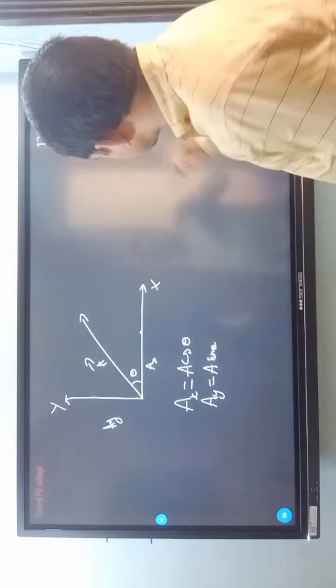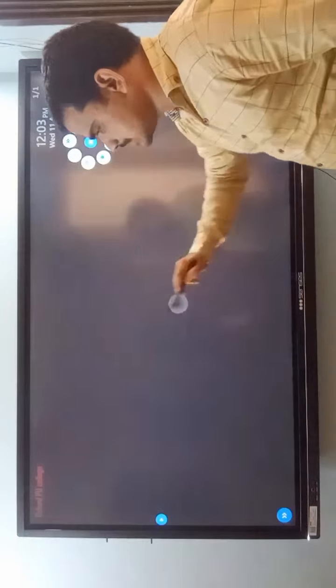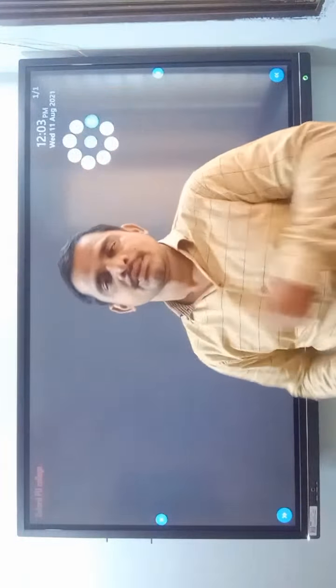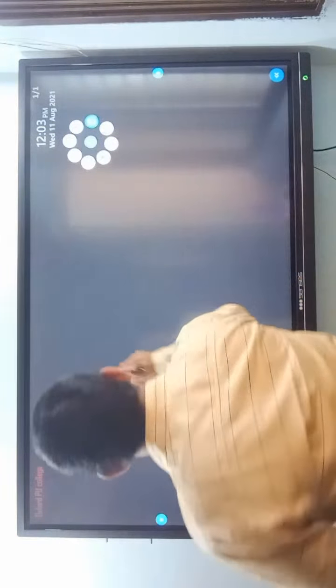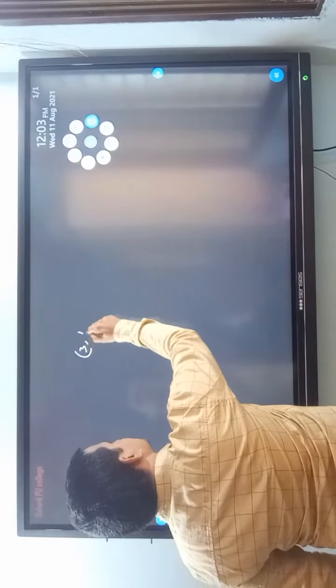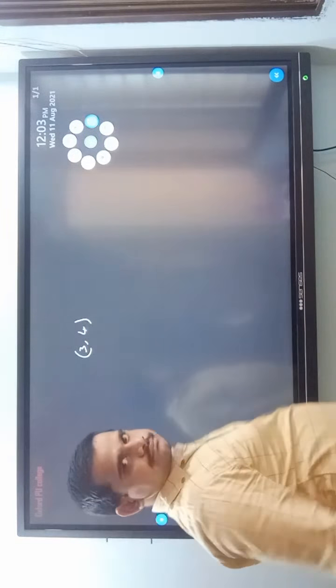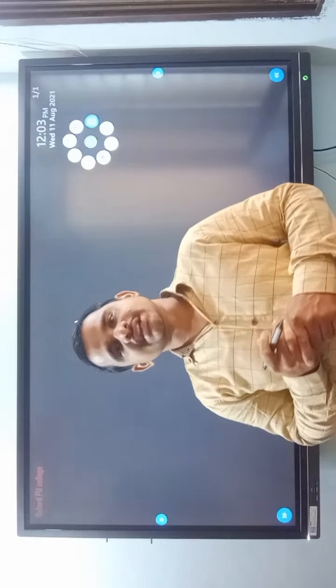Now I will repeat why we need to resolve a vector. What is the need of resolving a vector? Before that, let us see the basic concept. There are coordinates here. I am taking a point whose coordinates are 3, 4.